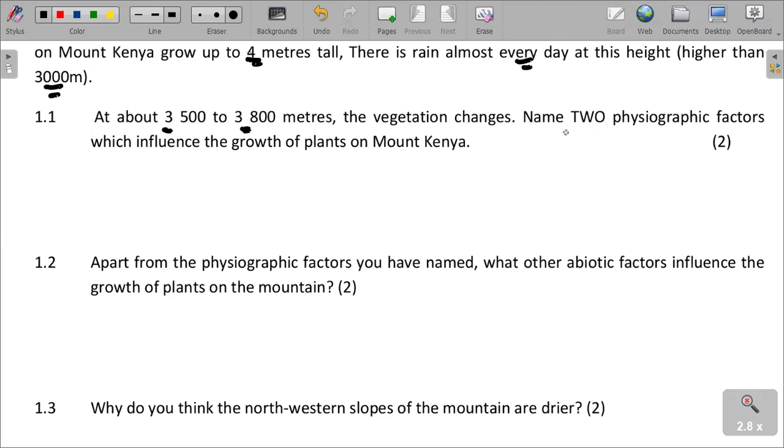Name two physiographic factors which influence the growth of plants on Mount Kenya. So we are saying physiographic factors that are influencing the growth of vegetation on Mount Kenya is what we need to understand. What are those two physiographic factors?